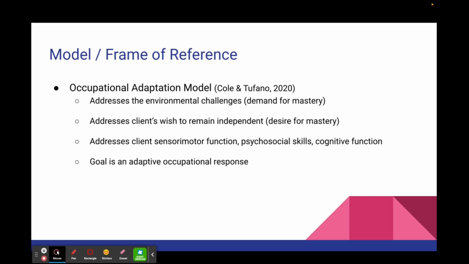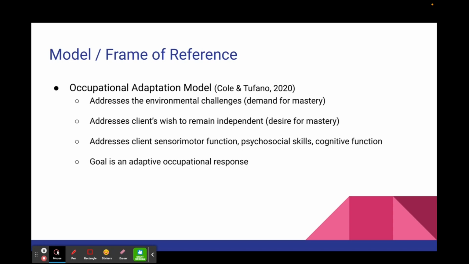For our intervention, we selected the occupational adaptation model because of its ability to address the different elements present in our client's situation. The environmental challenges are addressed as the demand for mastery within this model.